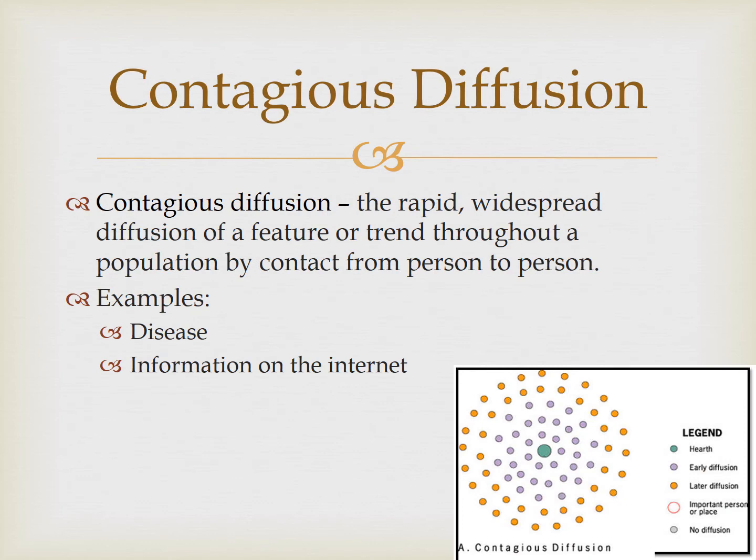We start with contagious diffusion, which is the rapid, widespread diffusion of a feature or trend throughout a population by contact from person to person. It spreads like the wave among fans in a stadium, without regard for a hierarchy and without requiring permanent relocation of people.